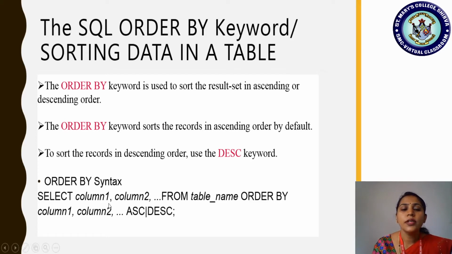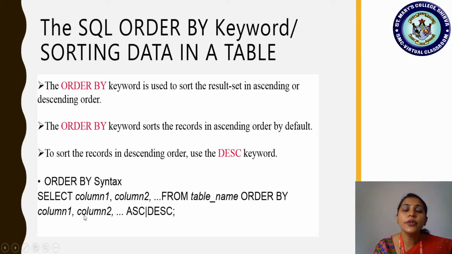So you want to sort the data for which particular attribute. Suppose if you want to sort the data for names with the name attribute, then you should say order by name. Name is an attribute that you are including.